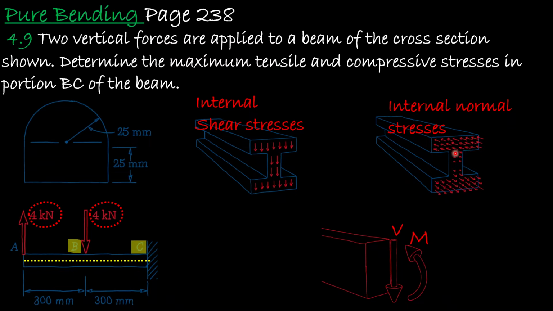As you can see in this cross section, at the top we have compressive forces. At the bottom we have tensile forces. They are equal in magnitude, opposite in direction. Therefore, they cancel each other and generate an internal net moment, as shown here.